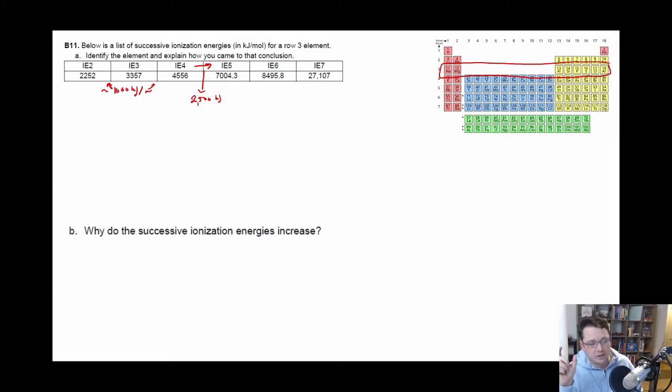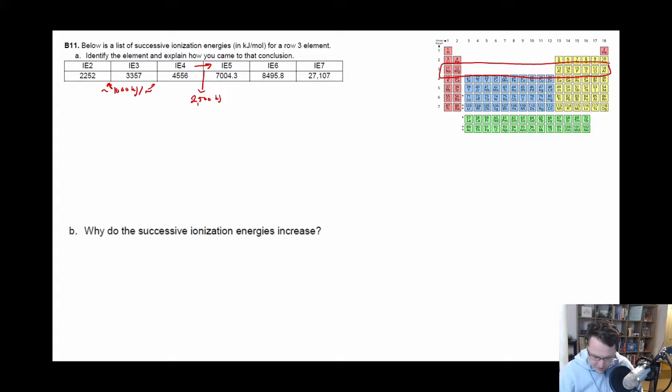More than likely, it's either switching from taking out p orbital or s orbital electrons to whatever is next in that series, or we're switching to having either a fully filled set or a half filled set. So that's one big thing that we see there.